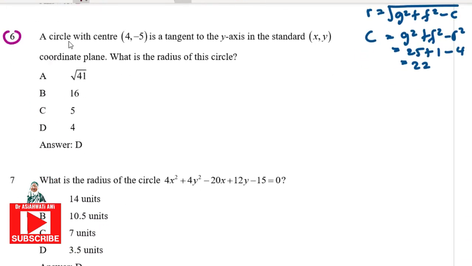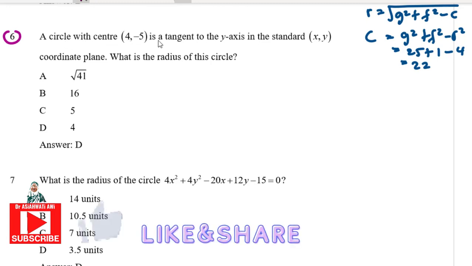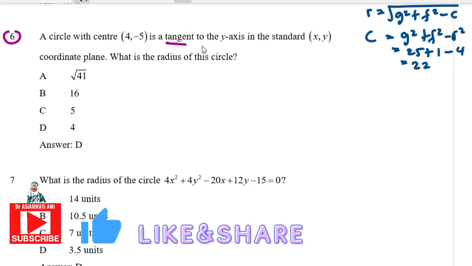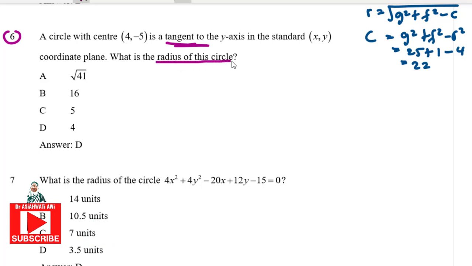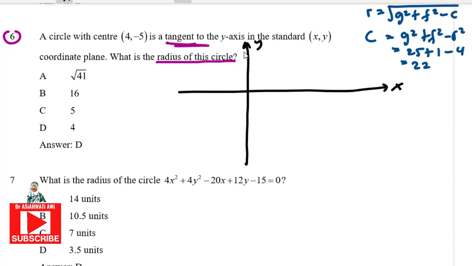Number 6. A circle with center 4, negative 5 is tangent to the y-axis in the standard xy coordinate plane. What is the radius of the circle? Okay, try to sketch a simple graph. The x, y plane. And the center: 1, 2, 3, 4, negative 5.